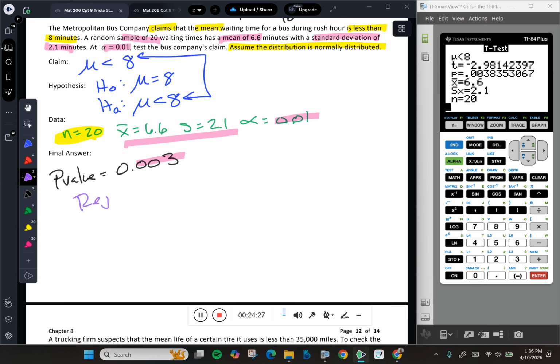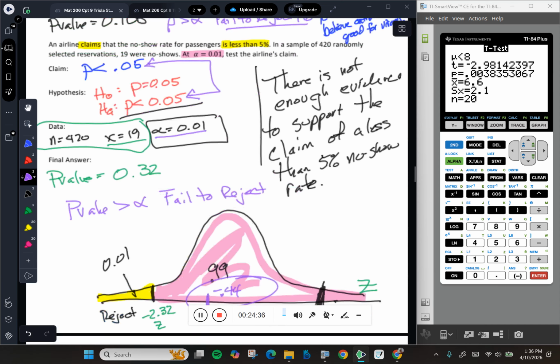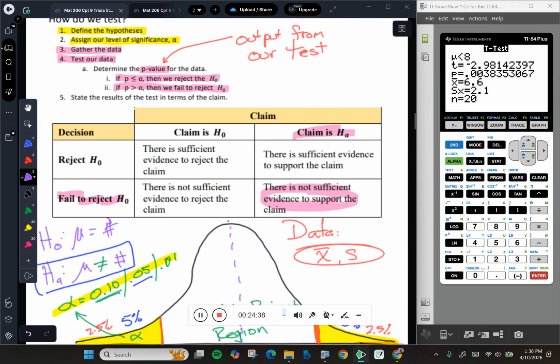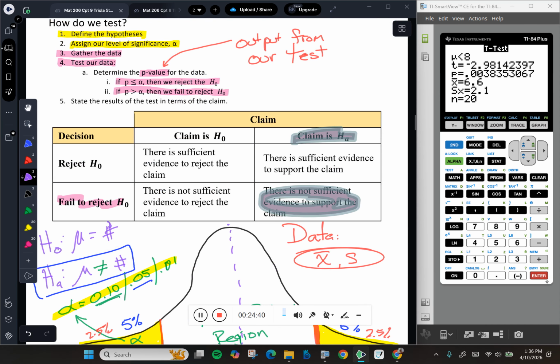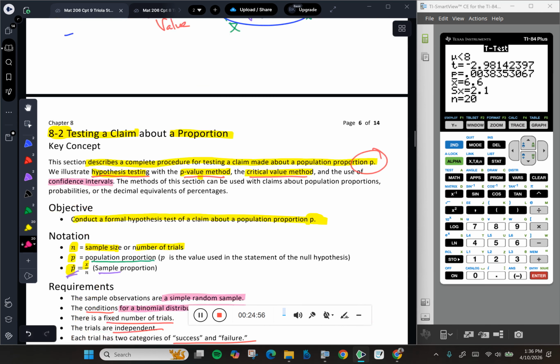So I'm going to go back up to my table. I'm rejecting the null, and the claim is the alternate, which means that we are going to intersect right here, and we are going to say there is enough evidence, sufficient evidence to support the claim.